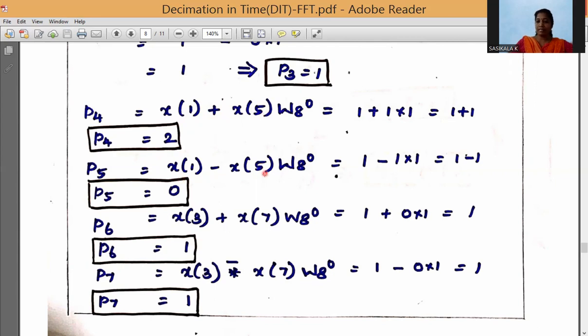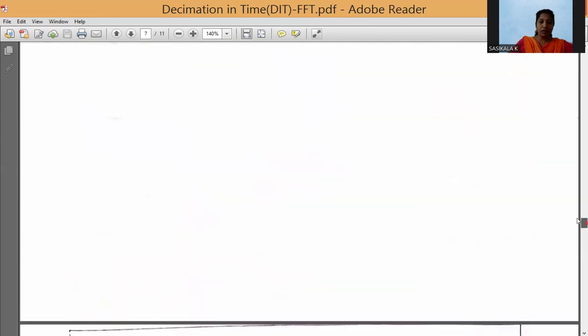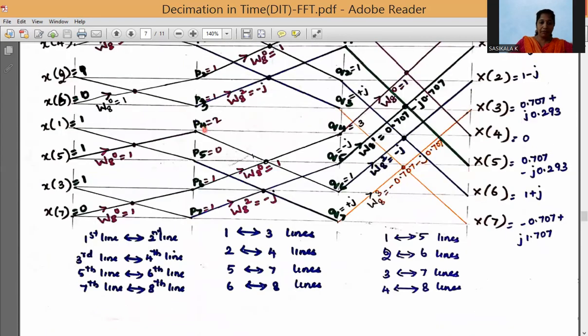So X of 1 minus X of 5 into W8 power 0, which is equal to 1 minus 1 into 1, which is 0. That is, P4 is equal to 2 and P5 is equal to 0. So substitute the values for P4 and P5.